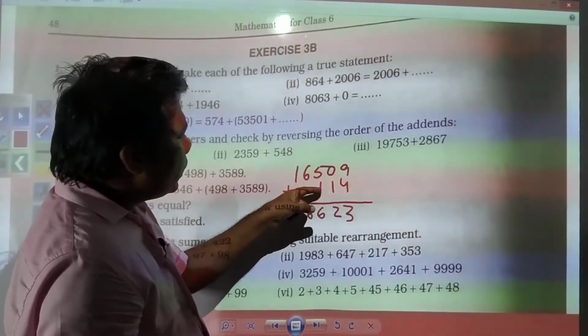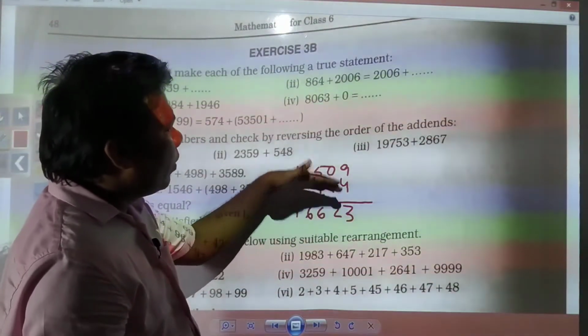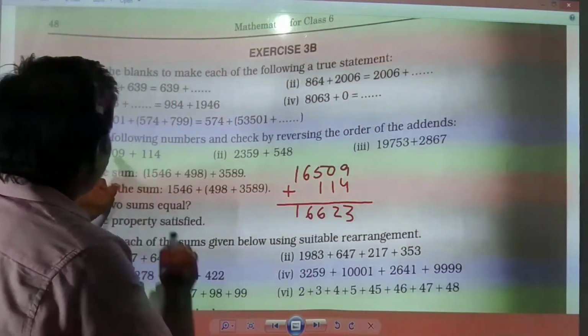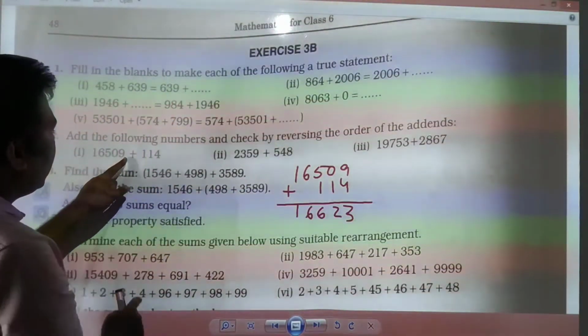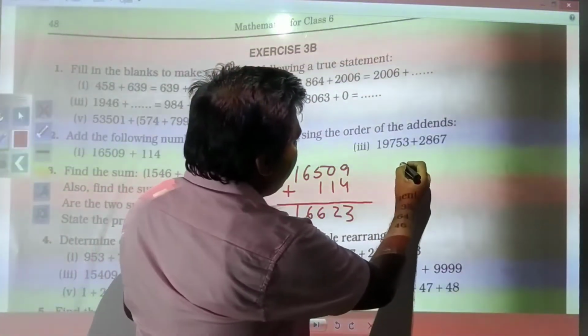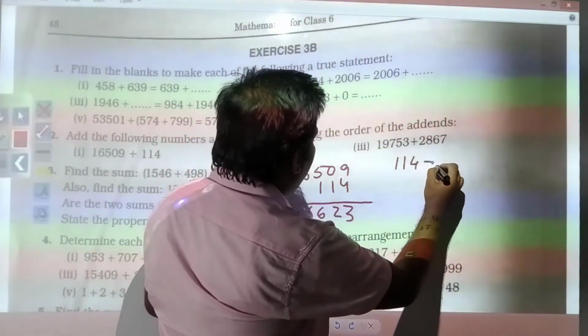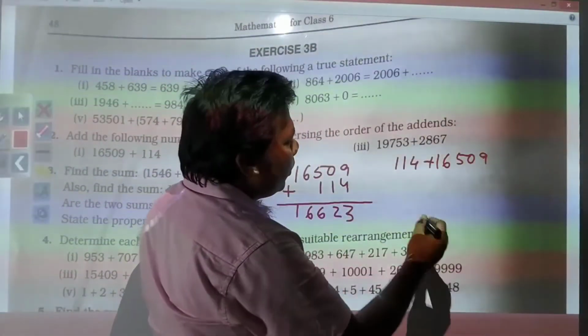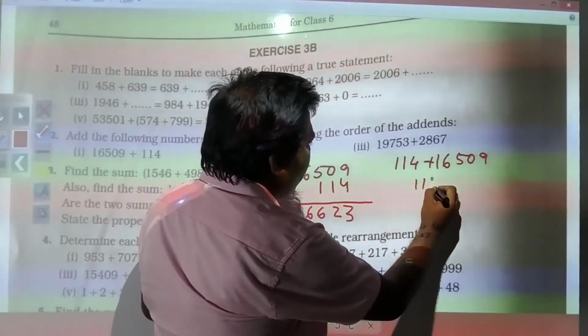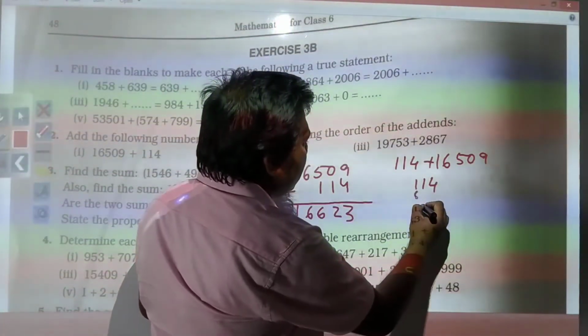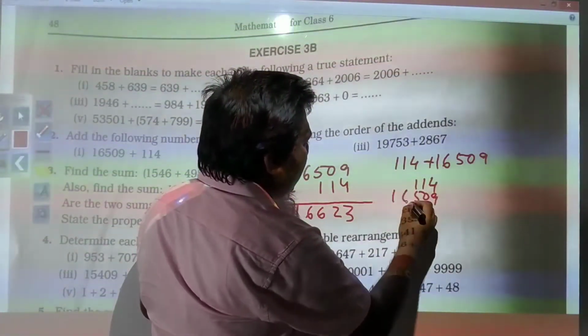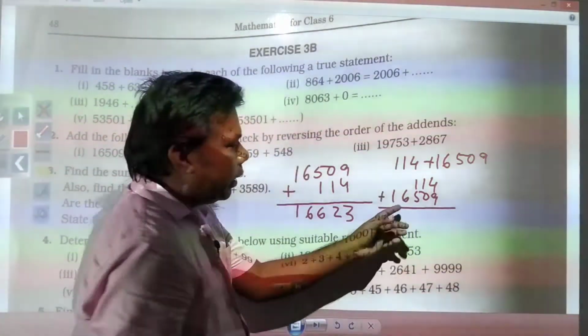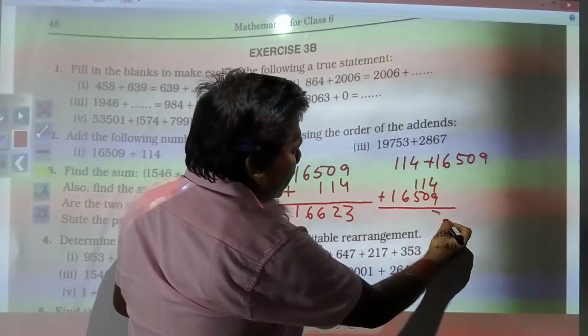Now these addends, if you reverse them: as it has been written 16,509 plus 114, if it is written 114 plus 16,509, what sum do you get? You need to add this. 4 and 9, 13.